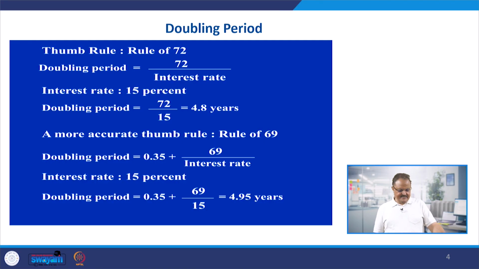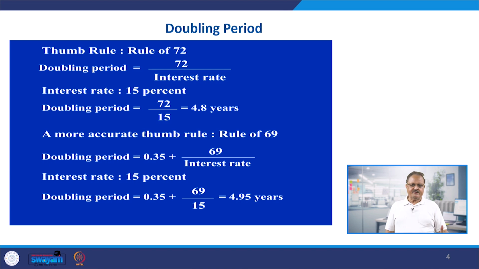Then there is a simple concept of doubling period. It is not a very fine estimate of any kind of calculation, but it gives you quick estimates of how many years it will take for your investment to double, right.